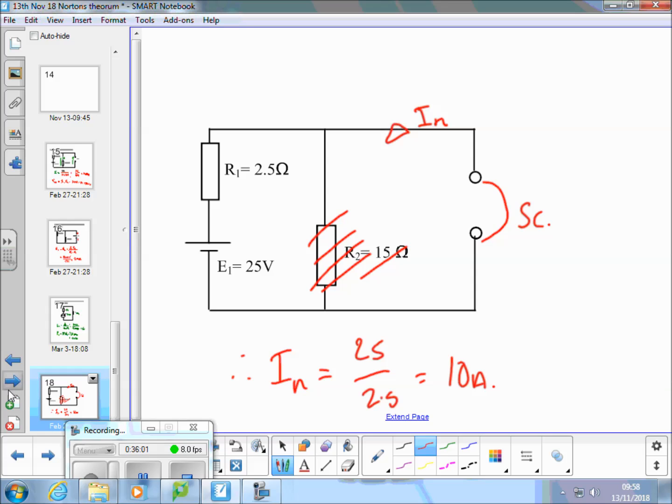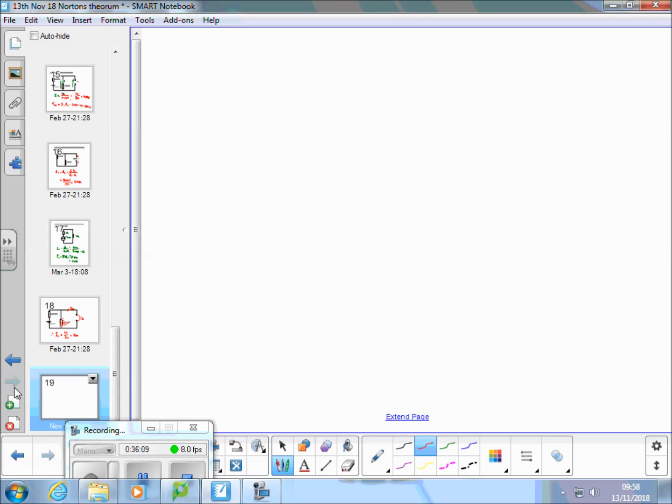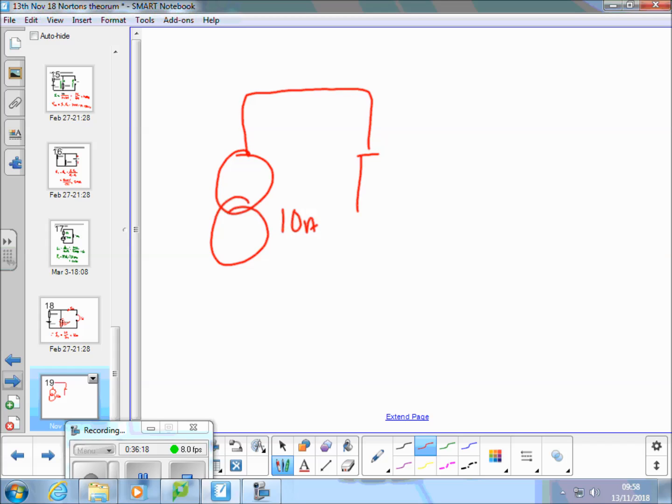You'll all agree that the Norton resistor is exactly the same as the Thevenin's resistor. Therefore, we've got a Norton's equivalent circuit that looks like this. 10 amps, 2.14 ohms, and there's our two terminals A and B.